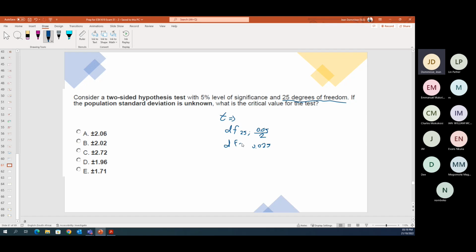Remember that the degrees of freedom is 25, so degrees of freedom 25, 0,025.